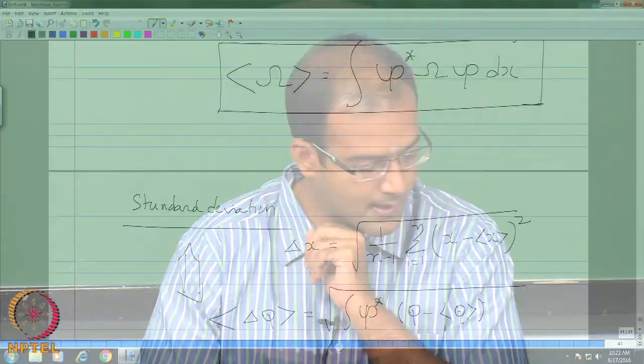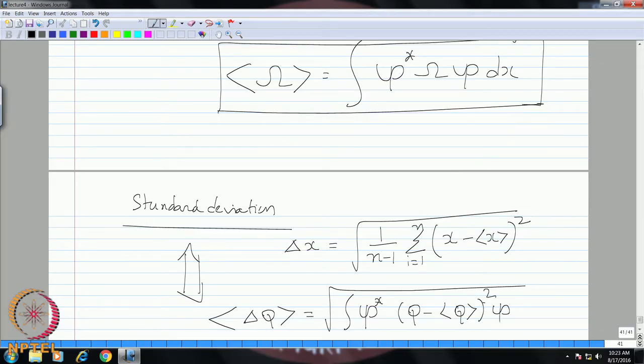And we take the square of this, multiply it again with psi dx, because for any quantity, if you want to calculate the expected value, you always multiply psi star with that and psi dx and integrate it. So, that will be a common theme.